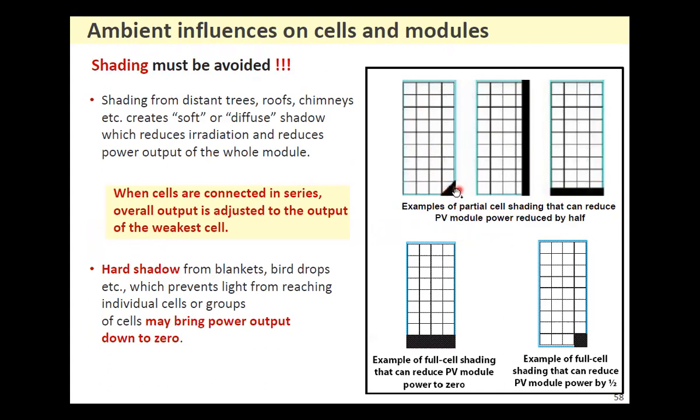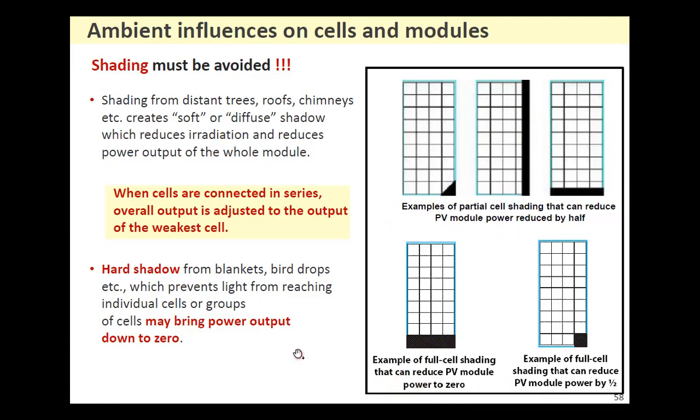Each cell is partially shaded, and your efficiency will be reduced by half. This is an example of full cell shading. The full cell is shaded, and the PV module efficiency will reduce to 0.